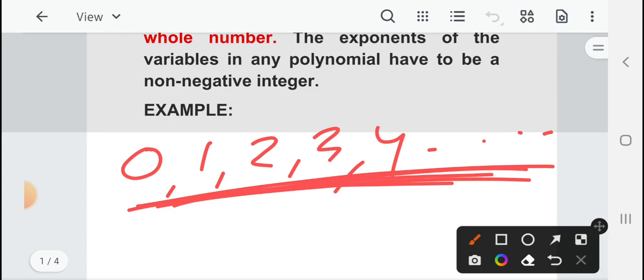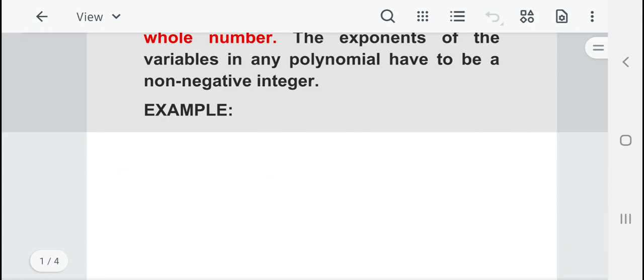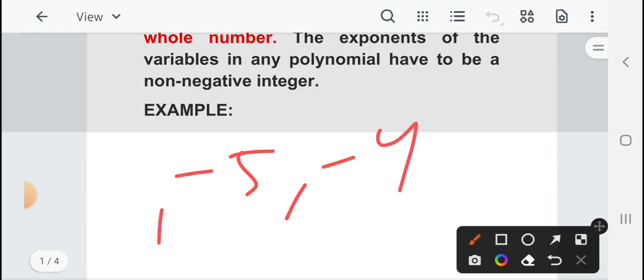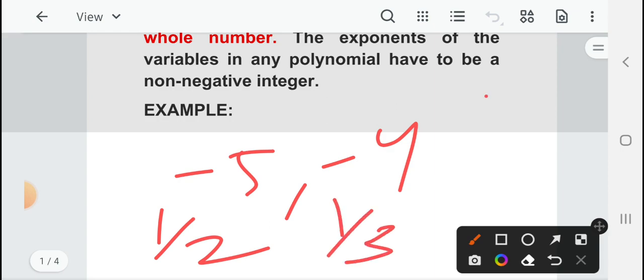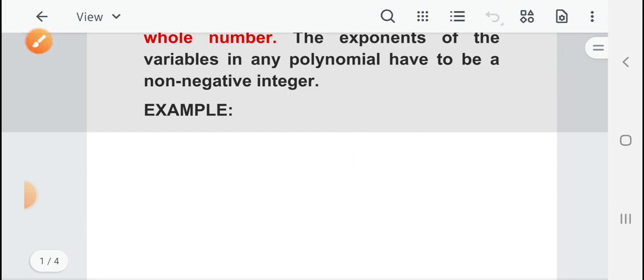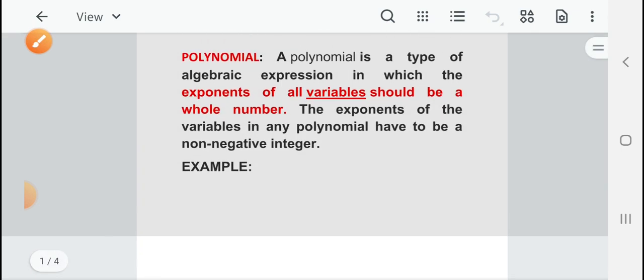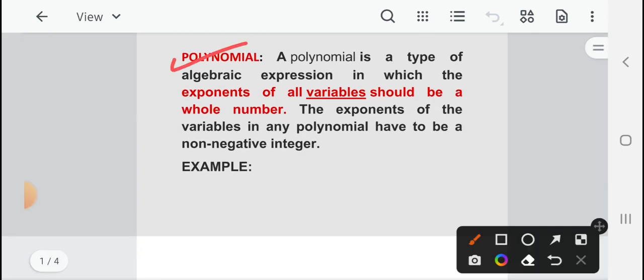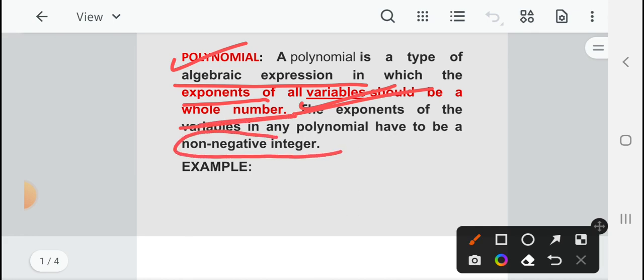And if the degree is other than these numbers, like negative integers such as minus 5, minus 4, or any kind of fraction which is not reducible to whole numbers like half, 1 by 3, or some decimals like 0.5, then that algebraic expression does not come under polynomials. So now we have discussed polynomials, and we saw that a polynomial is a kind of algebraic expression where the exponents of all variables are whole numbers, or in simple terms, non-negative integers.